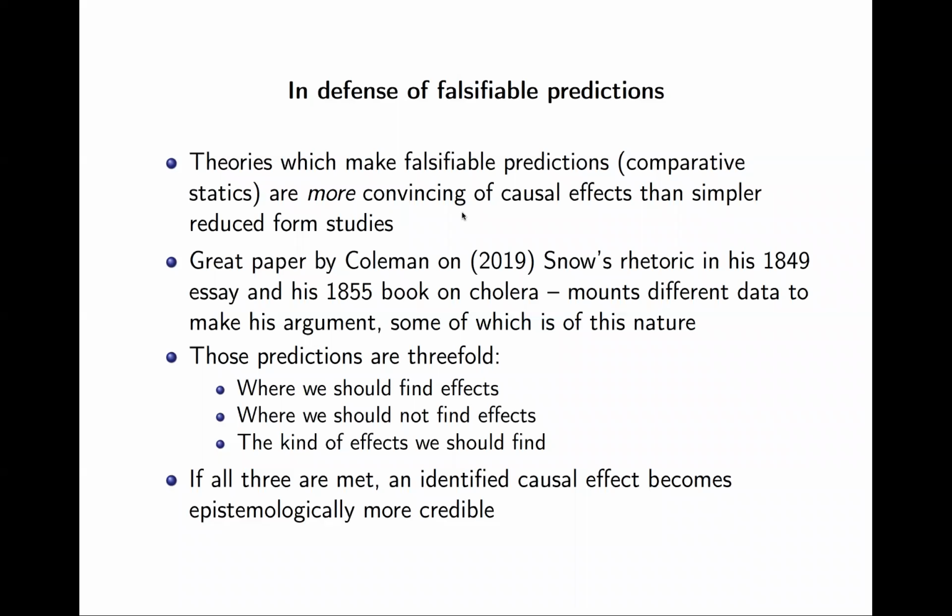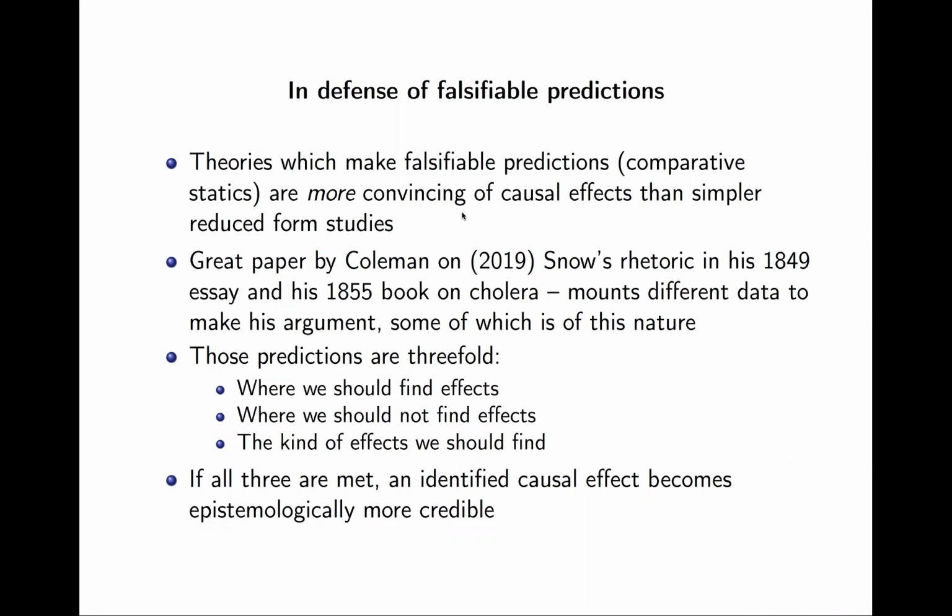The triple difference uses a group like the higher wage group that shouldn't be affected by the minimum wage. So you want to have theories that make very falsifiable, very specific predictions, because if you have a very specific prediction, the burden of proof now shifts to the reader to explain why the omitted variable has the same kind of prediction.